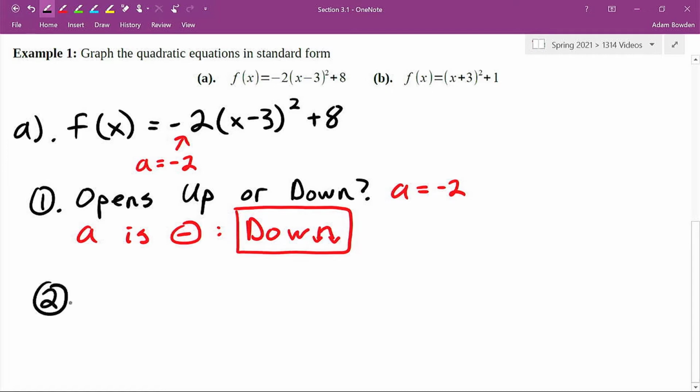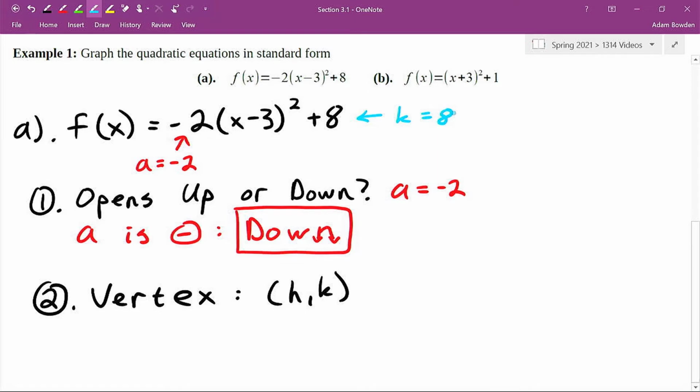The next thing we determine is the vertex. The vertex is the point (h, k). K is the number at the very end here, the positive 8.